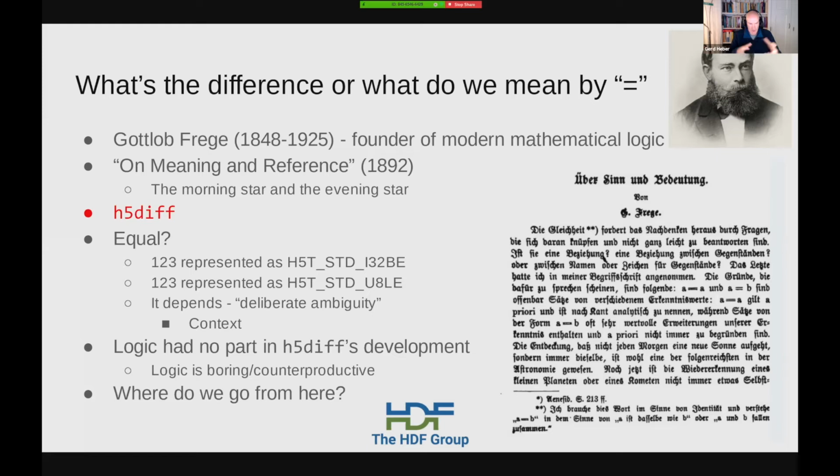For example, if we talk about 123 as an integer, if I represent that as H5T_STD_I32BE, or I represent it as H5T_STD_U8LE, are they the same? Well, the answer is it depends what the context is. If the context is arithmetic, yes, obviously they are the same. But if the context is HDF5 data type encoding, well, no, they are not the same.